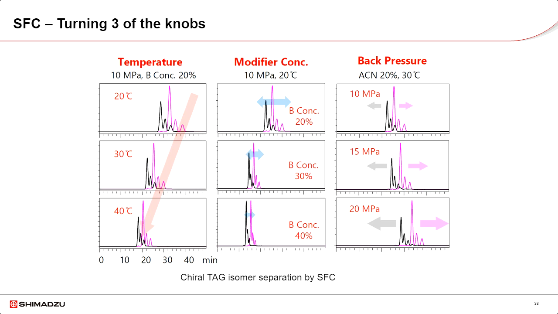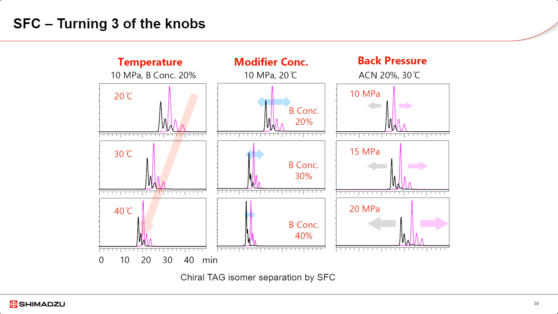That is kind of what we used as our screening condition. At 15 megapascal, we're starting to notice an interesting effect. Our species with a single saturation are eluting later, the pink trace, whereas our species with 2 unsaturated legs to the tag are moving to earlier elution.